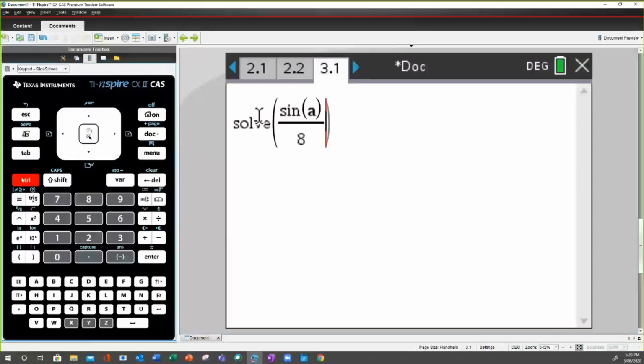Oh, wait, I need an equal sign. Equals fraction template again over sine of 36 degrees, over 5. So what I'm solving for is that angle of A, and I need to tell the calculator what I need to solve for.